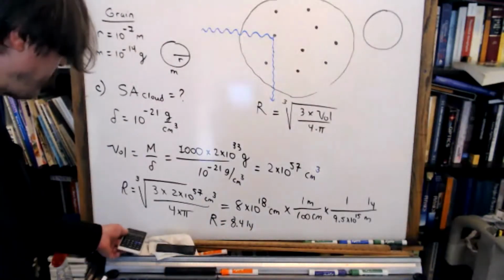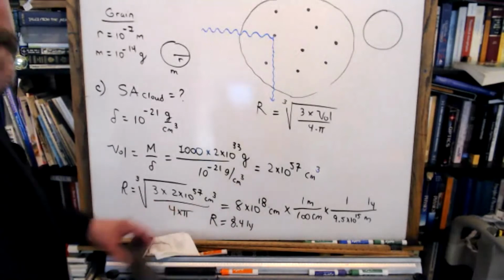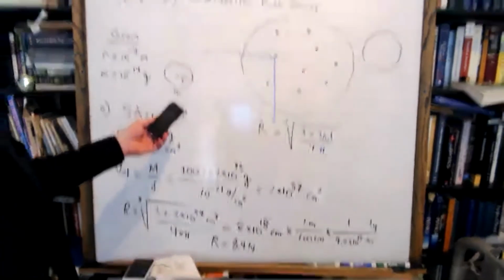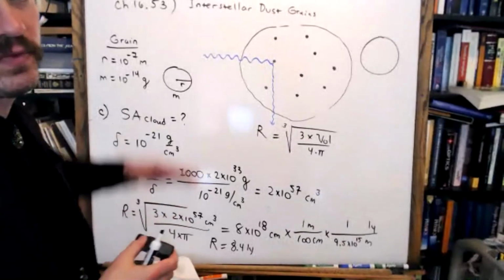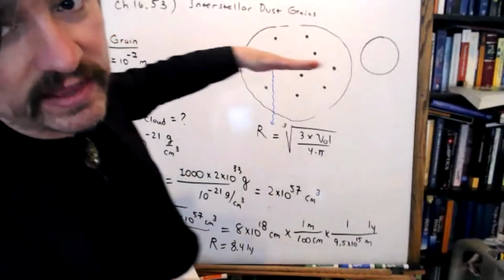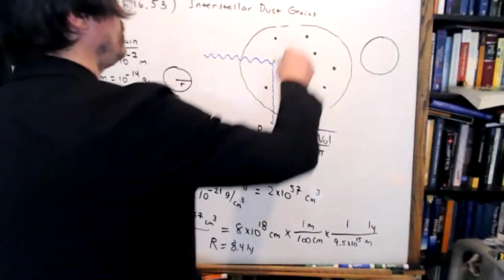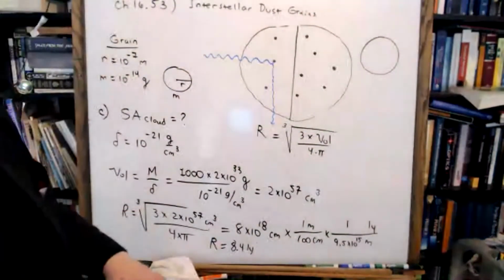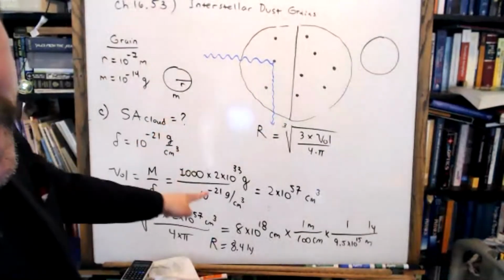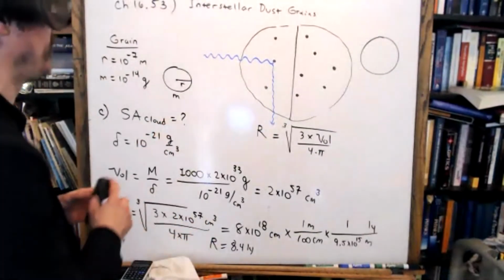Now, the total question, if you remember back to the question, it wants to know how does the photon see the surface area of the cloud? If a photon is looking at the cloud as a target, the cloud is actually a giant disk whose surface area is pi times the big radius squared.